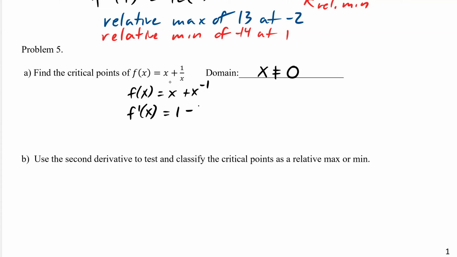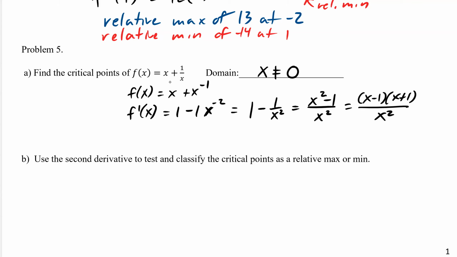So that's 1 minus 1x to the -2, which equals 1 minus 1 over x squared. Putting them together, we get x squared minus 1 over x squared, which would be x minus 1, x plus 1 over x squared. And so our critical numbers would be -1, 1, and 0.